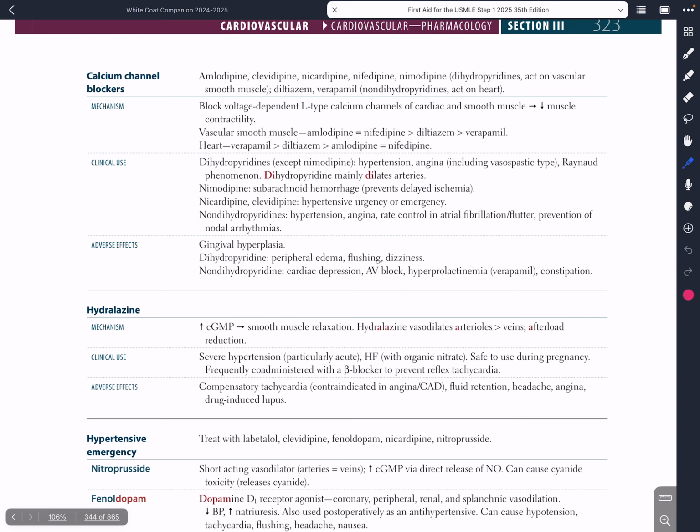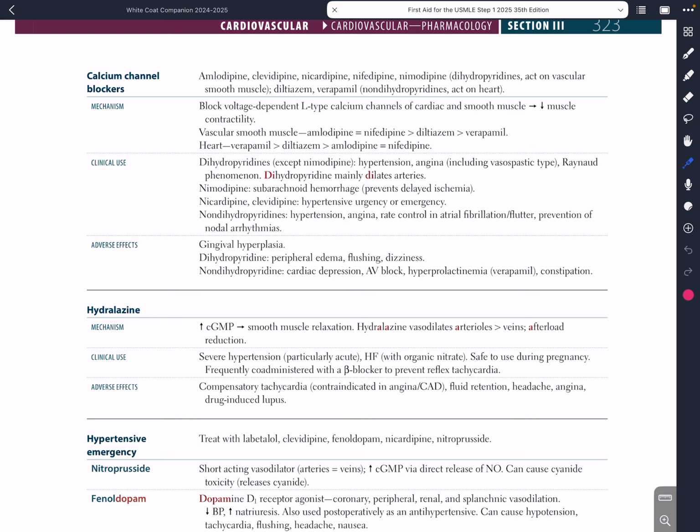Clinical use of calcium channel blockers. Except nimodipine, all dihydropyridines are used for hypertension and angina, including vasospastic angina. Vasospastic angina means they have vasospasm and experience angina-like symptoms, but there is no permanent damage.